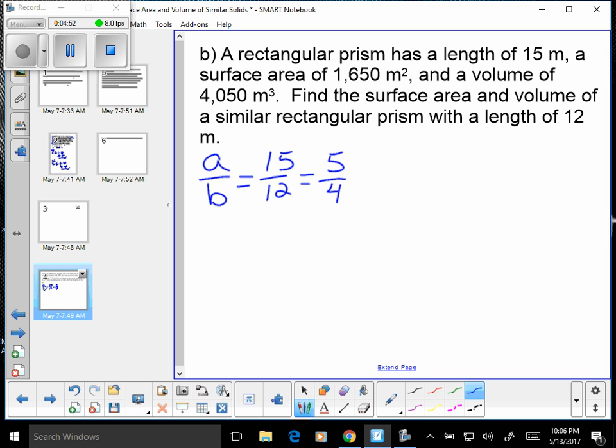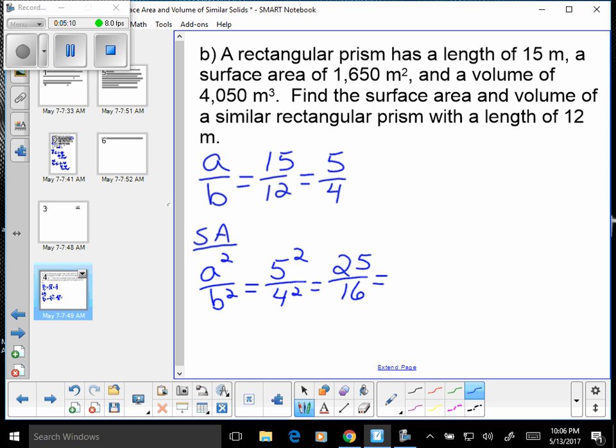Now I want to find my surface area. Remember, it takes A squared over B squared. We're doing area, so that's a square unit. So 5 squared over 4 squared, which is 25 over 16.